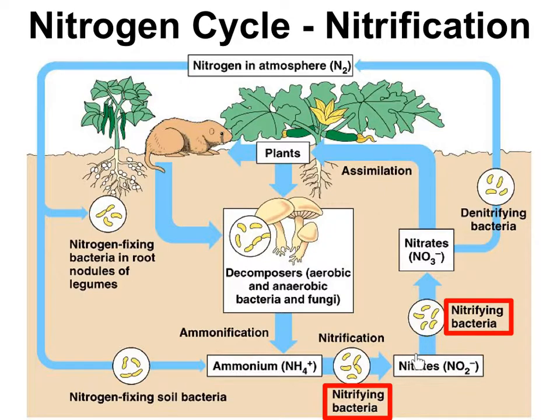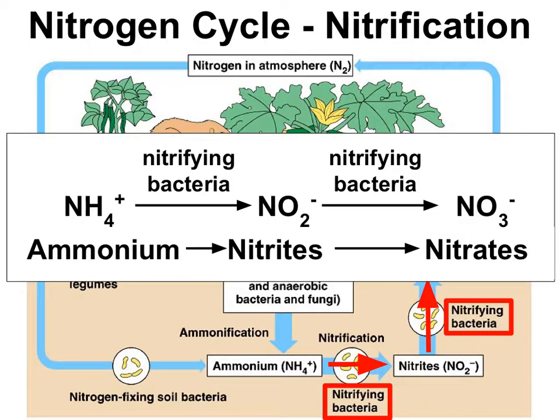And these same bacteria then convert nitrites, NO2, into nitrates, NO3. All right, so you see that first step here, nitrifying bacteria converting ammonium into nitrites. And then here's that same type of bacteria doing the second step, converting nitrites into nitrates.